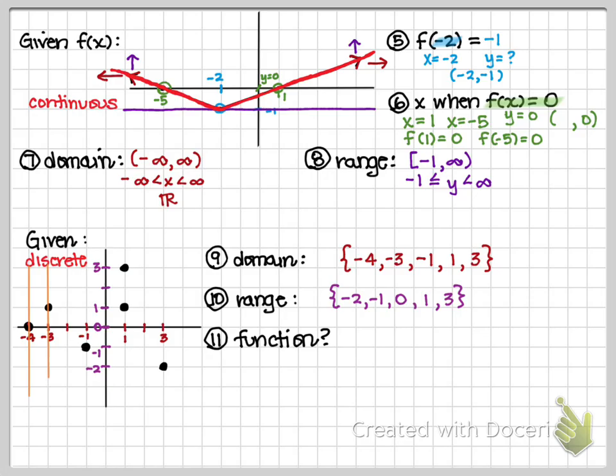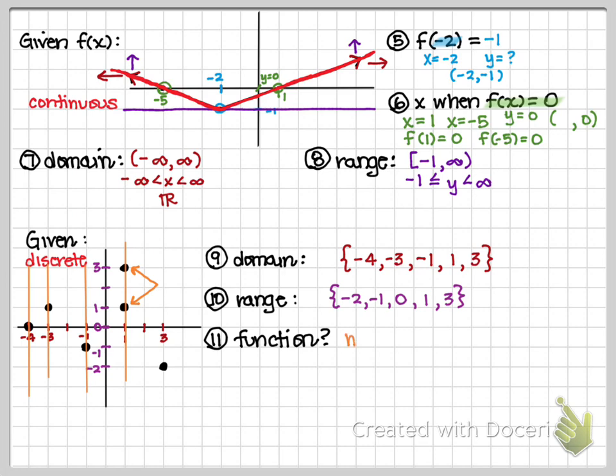There's only 1 point on that line. I don't have a point over there. There's only 1 point on that line. I'm good. There are 2 points on this line. This is not good. So if you have multiple points hitting on a vertical line, that means this is not a function. It fails the vertical line test.